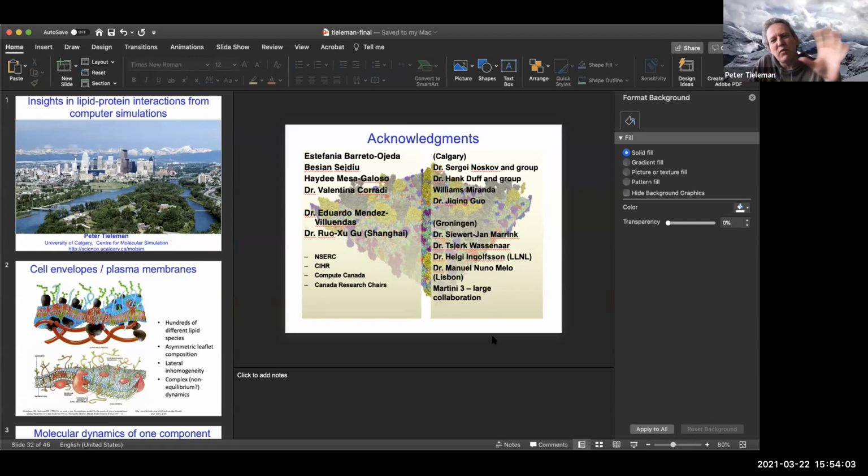So when I said there are 3 now in Martini 3, there are now 3 spheres of different sizes, representing 4, 3, and 2 water molecules. So they don't look like a chemical water molecule in the sense that there's no oxygen and no hydrogens, but they do have the bulk properties and the solvation properties of water, in as much as possible within the approximations we're making, and they're comparable between the 2, 3, and 4 version. So you can mix them.